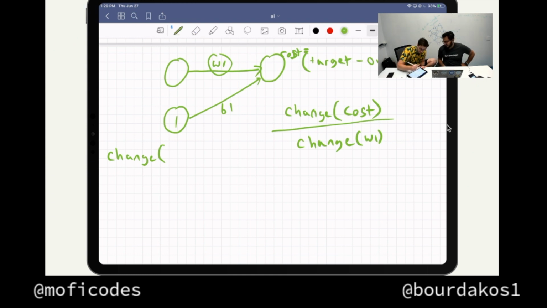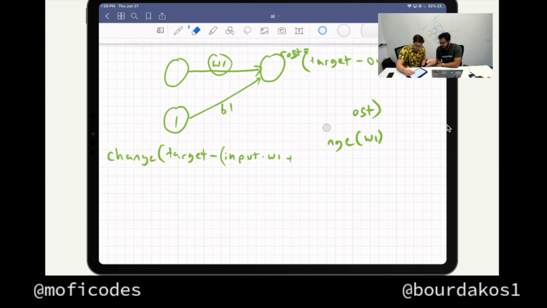So we have the target minus this output, which would be the input times weight one plus, I'll put this in parentheses, the bias.